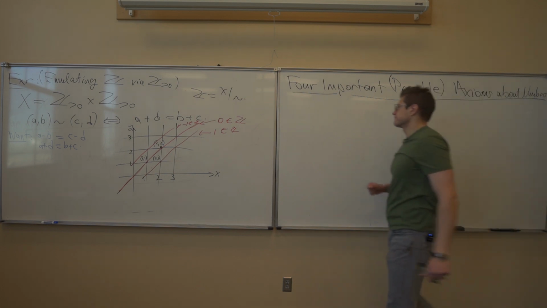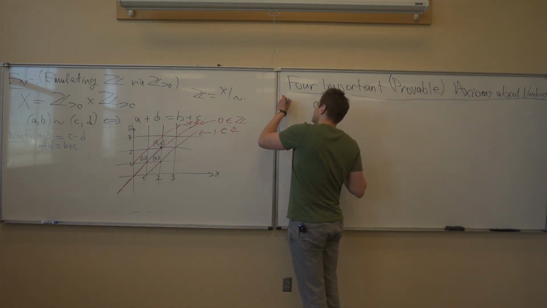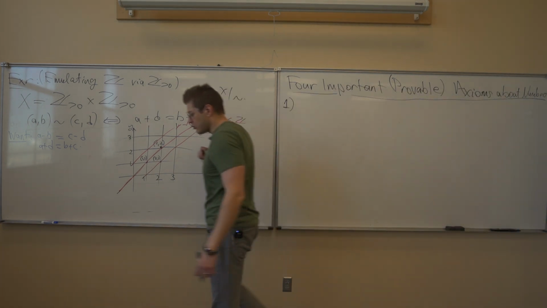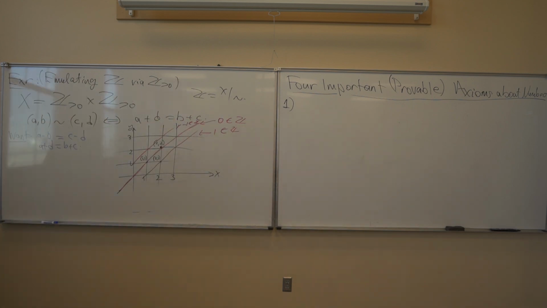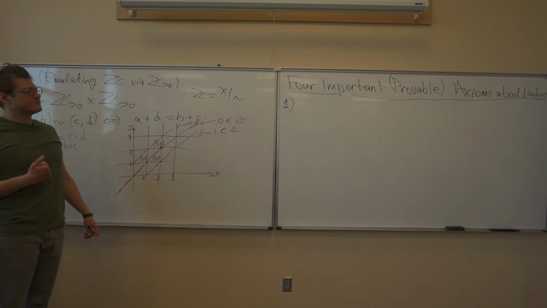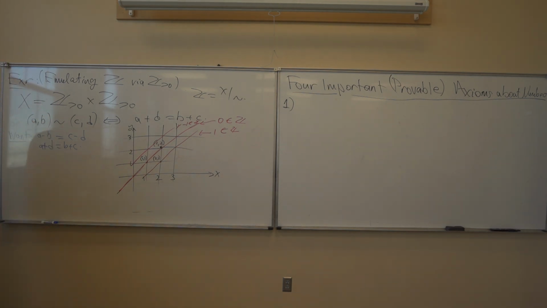One is what is called the well-ordering principle. It says the following. If I have a non-empty subset of positive integers, then it has a least element.